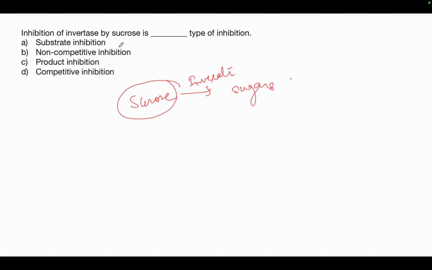This inhibition is actually a substrate inhibition because sucrose itself inhibits invertase. Okay, so this inhibition is known as substrate inhibition. So if other sugars like inverted sugars inhibit invertase, then it could be a product inhibition, but sucrose itself inhibits invertase, so it's a substrate inhibition.